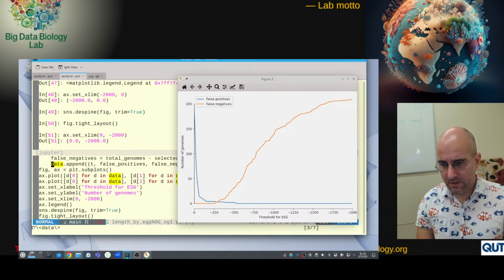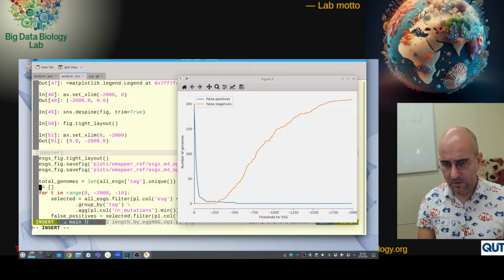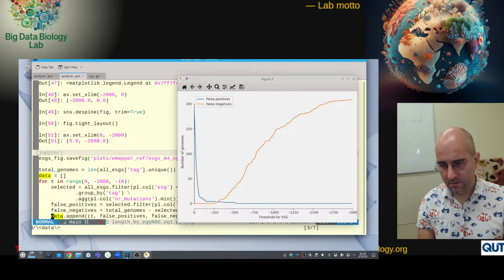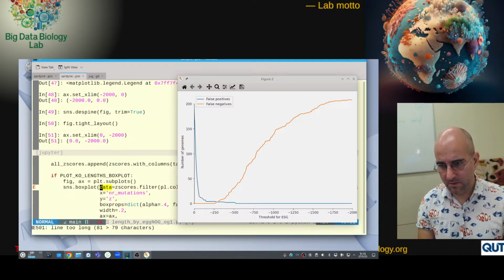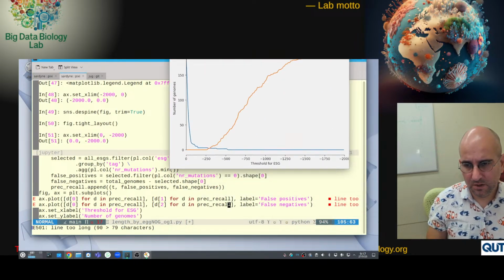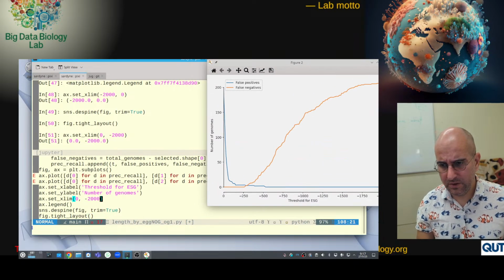I don't want to call it data, I want to call it precision recall. Oops, not really precision recall. I should have done a precision recall curve, damn it.